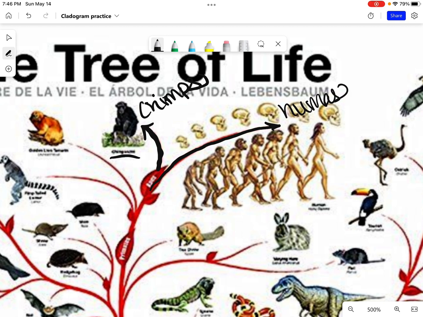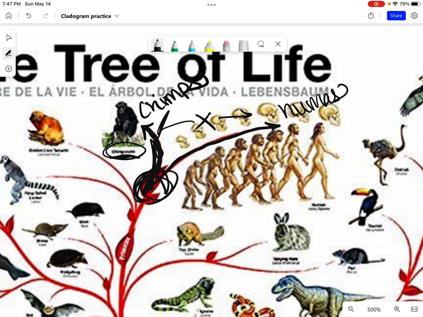Okay? So from this, you can tell that chimpanzees do not lead to humans, because humans are not branching off of this chimpanzee line. The chimpanzee line is branching right here, which means what? Well, remember, any place you have an intersection, any place you have a node, what does that stand for?